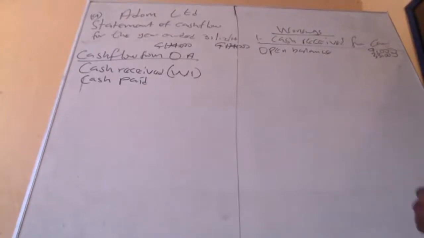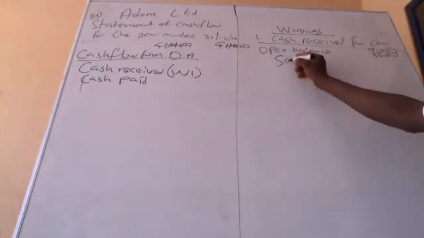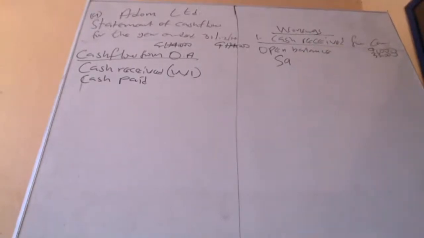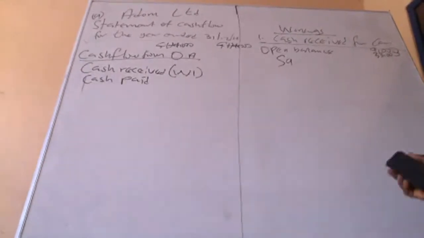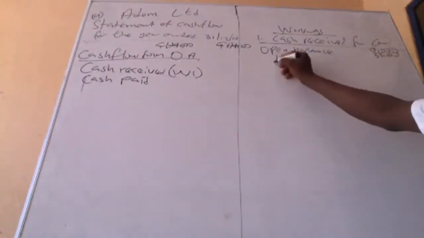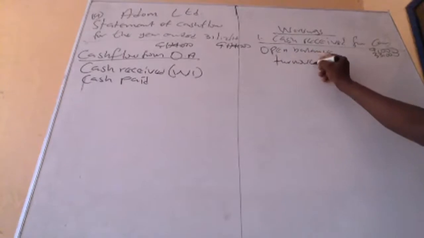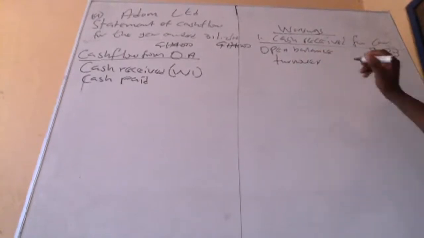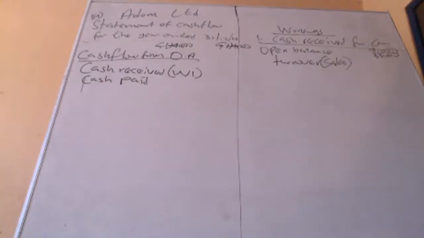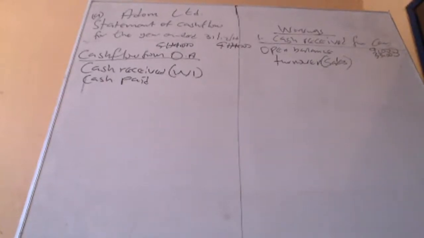If there are no credit sales, just pick the total sales. Here there's no sales; they call it turnover. But if you have already written the sales, don't cancel it. Put it there. The next question, they call it turnover. That's the same as the sales.